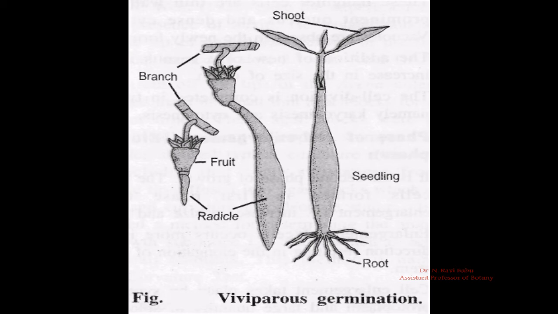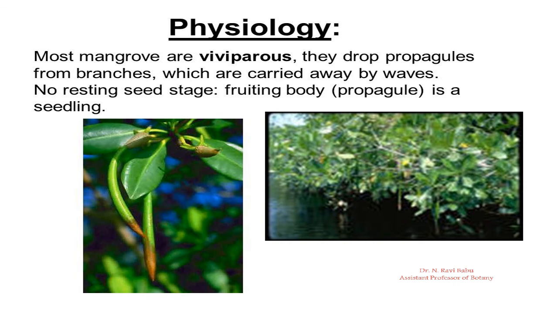And of course, I am giving a beautiful presentation for this vivipary germination. In this diagram, we can see the calyx, the fruit, the radicle, of course, the germinating hypocotyl, etc. The diagram gives a beautiful idea about vivipary germination.